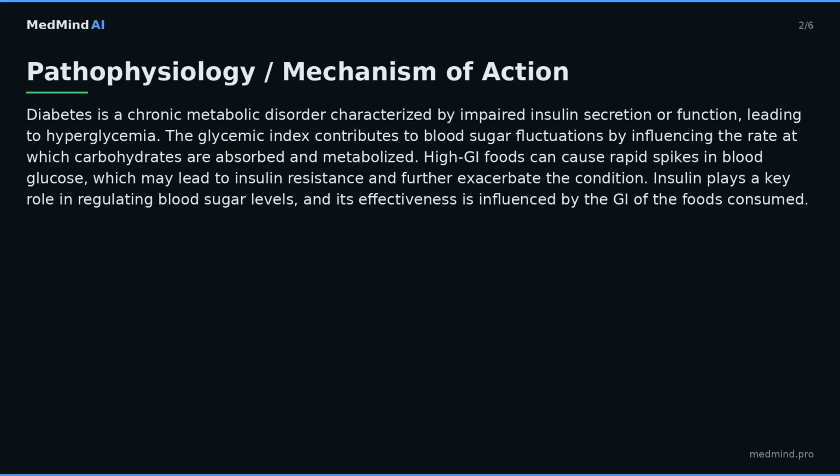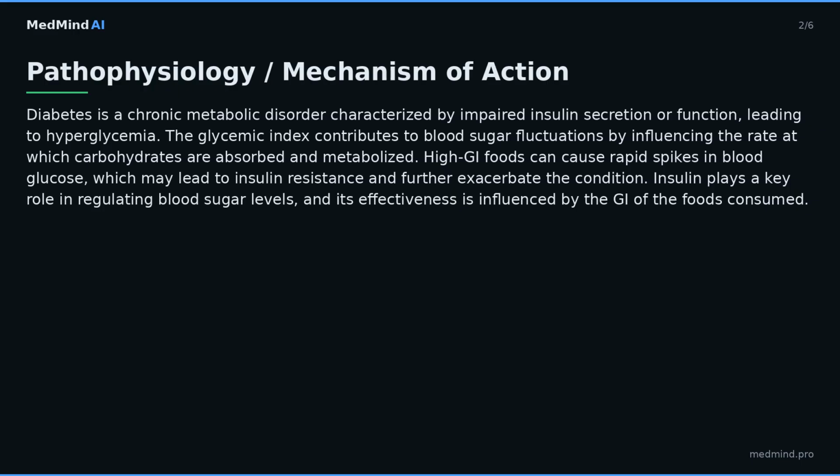Pathophysiology/mechanism of action. Diabetes is a chronic metabolic disorder characterized by impaired insulin secretion or function, leading to hyperglycemia. The glycemic index contributes to blood sugar fluctuations by influencing the rate at which carbohydrates are absorbed and metabolized.